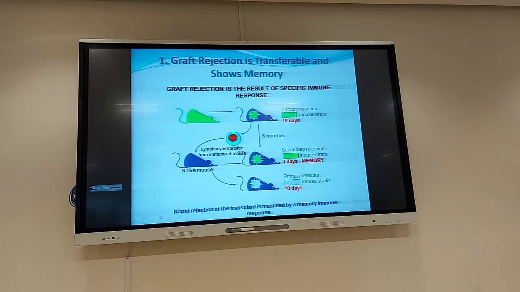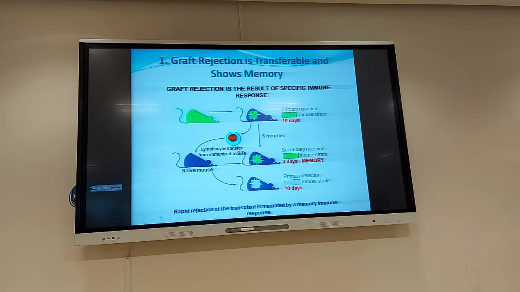So the conclusion from that was that in this initial transplant, you had immune cells that had been generated in this mouse that rejected this green skin, and you were transferring these immune cells into the second purple mouse, such that when it got that transplant, those transferred immune cells could immediately kick off to kill that green graft.